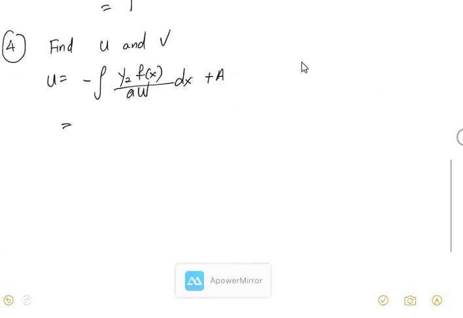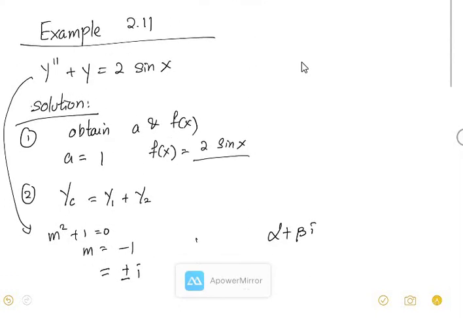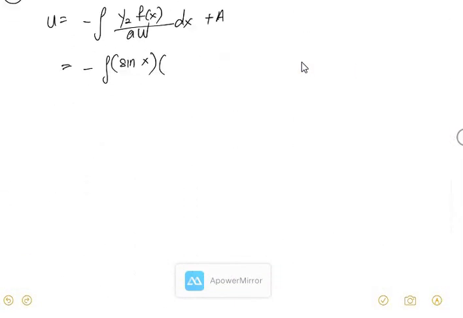So y2 from step 2 is sin x. f(x) is from the question, that is 2 sin x.